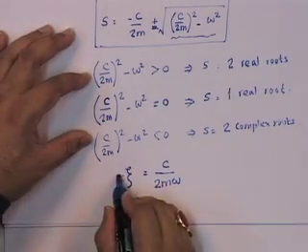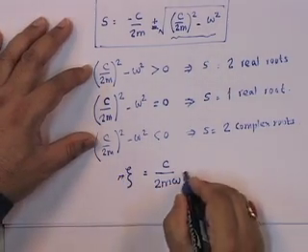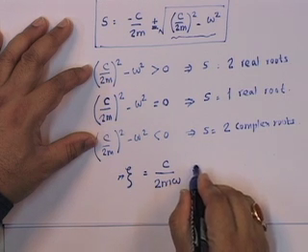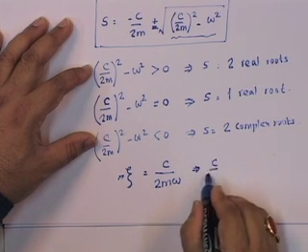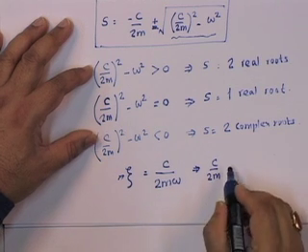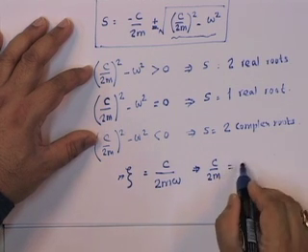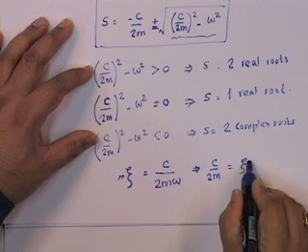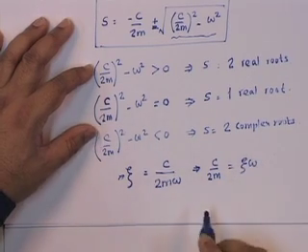This is a parameter. I am defining a parameter. This implies then that c upon 2m essentially becomes zeta omega.